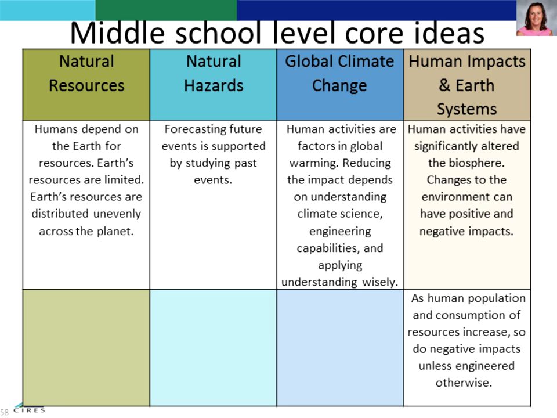What we do is a factor in global warming. And that reducing their impact depends on the students' understandings of things like climate science, engineering capabilities, and on being able to apply the knowledge of these areas in a wise fashion.